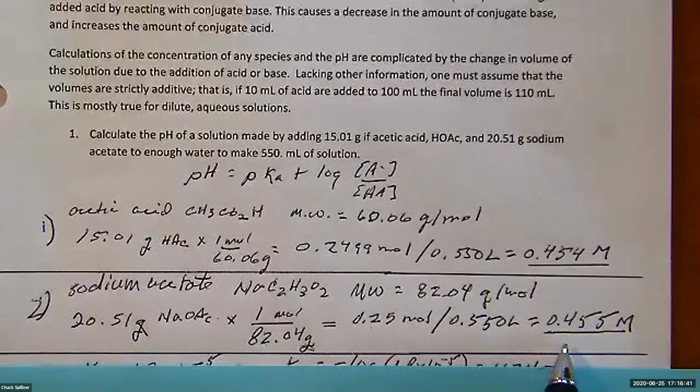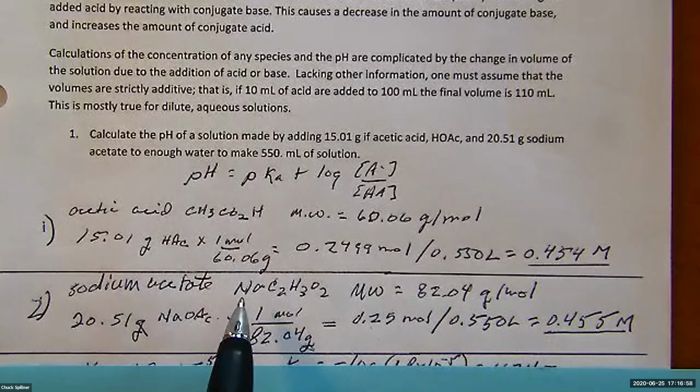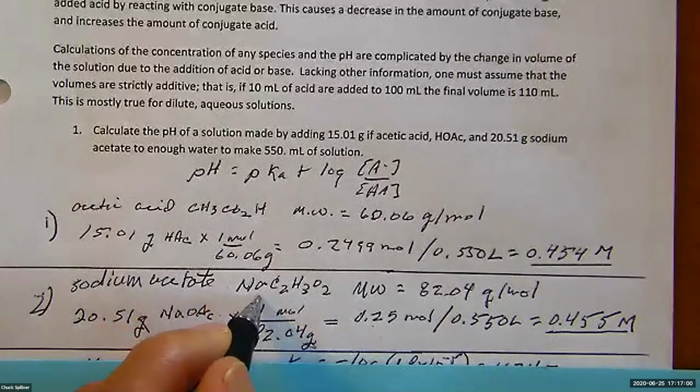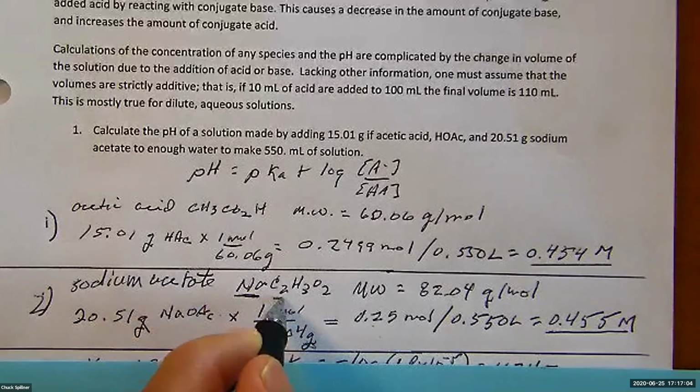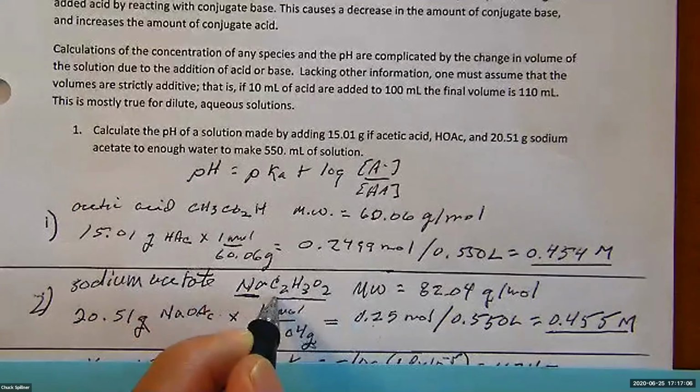We'll get the concentration of the sodium acetate, which is also the concentration of the acetate ion. So the concentration in solution of the acetate ion is 0.455 molar. The spectator ion, sodium, has the same concentration. So when we do this calculation, we get the concentration of the sodium ion and the acetate ion.